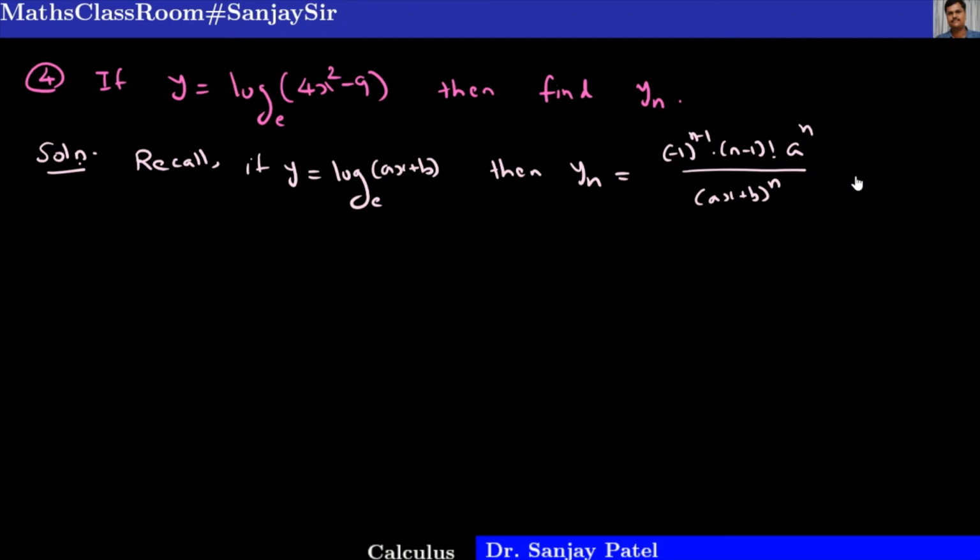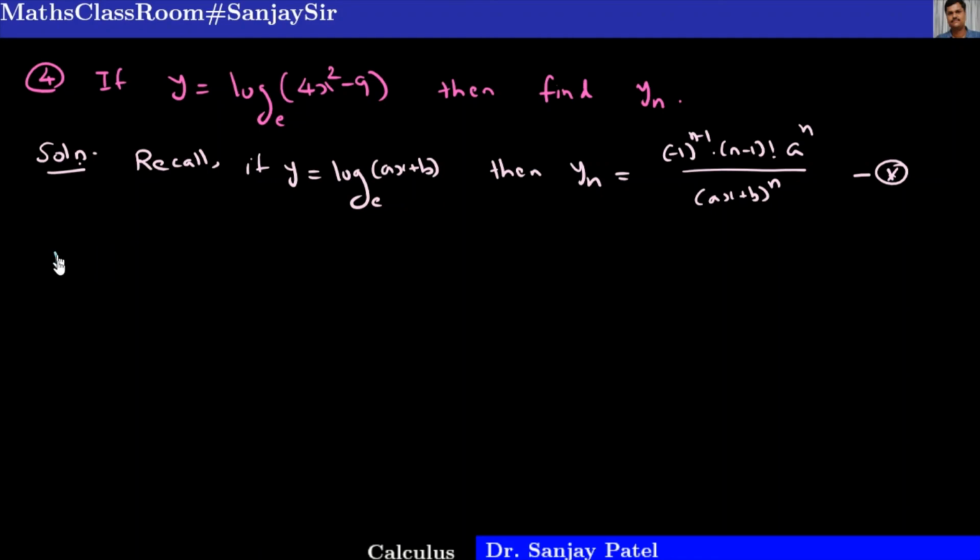Okay. So this is the formula to find the derivative of log of ax plus b. So this argument must be only a linear polynomial, while in our case this is a quadratic polynomial. So we apply some simple technique and convert this into a known function.